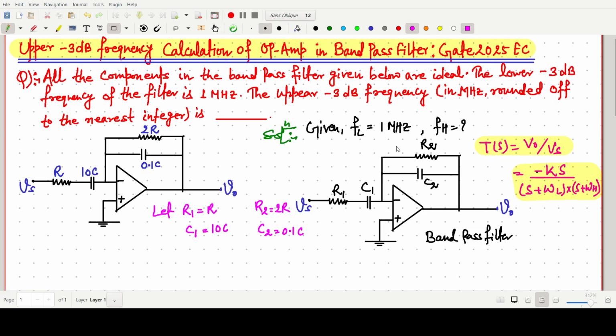Now I am considering these two, R2 and C2, as a simple impedance, say Z2, and this one as another impedance, say Z1.